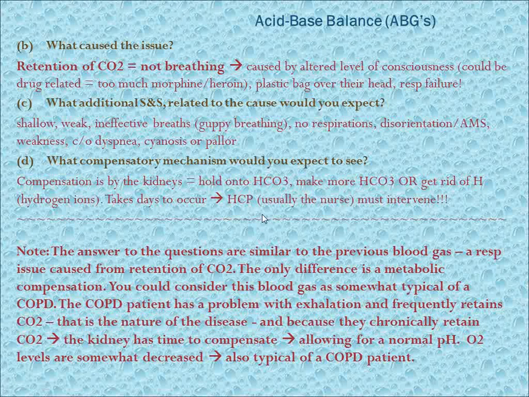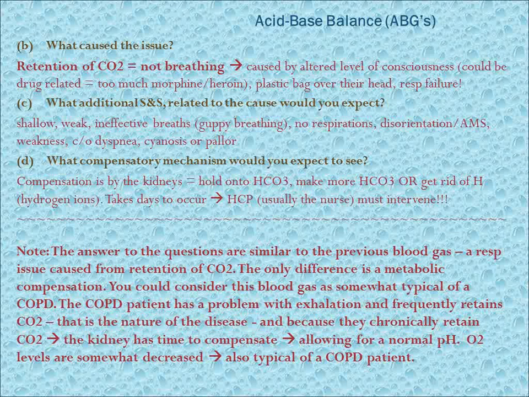When we talk about what caused the issue, it's the same as what we've already identified, so I'm not going to regurgitate this information again. But what kind of scenario would have played out? What kind of problem could have occurred in your patient that would have caused the ABGs to look like this?